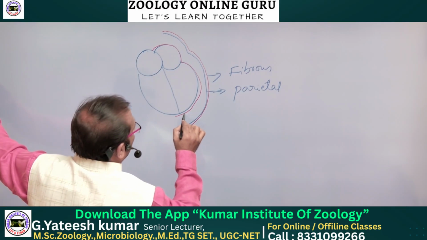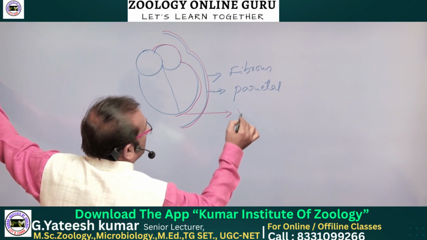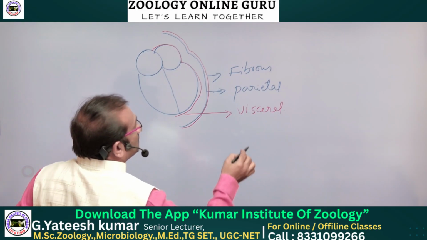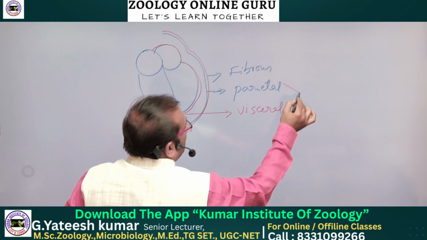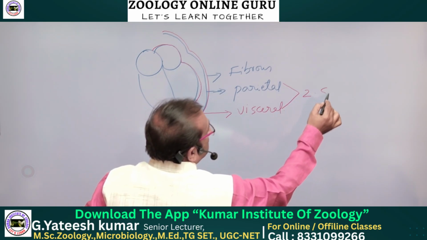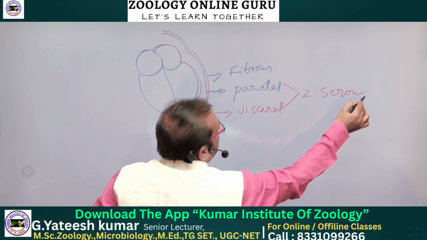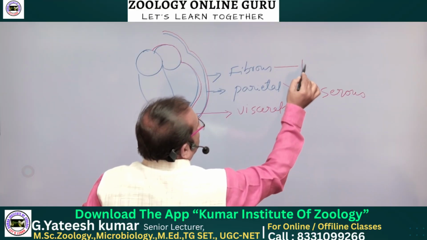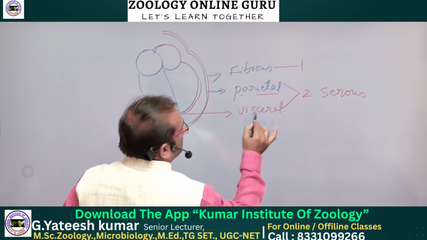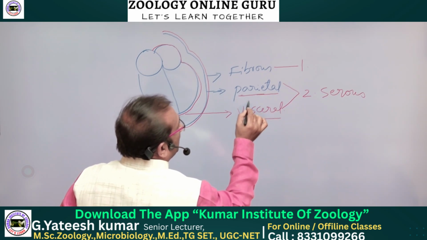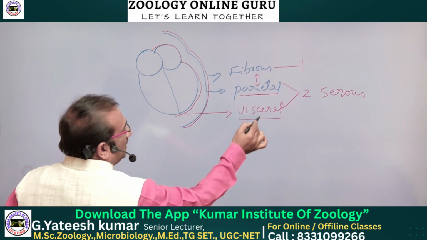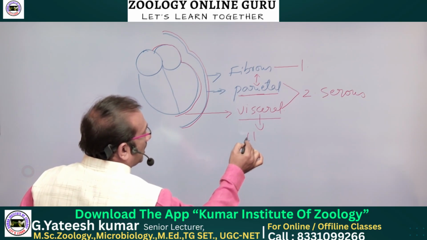So the parietal layer and visceral layer together make the serous layer, and the fibrous layer is the first layer. The parietal layer is linked to the fibrous layer, and the visceral layer is linked directly to the heart.